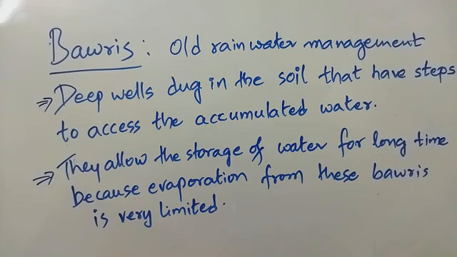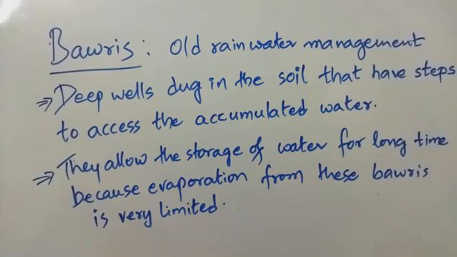In drip irrigation, the plants are watered by making use of narrow tubing which delivers the water drop by drop directly at the base of the plant.